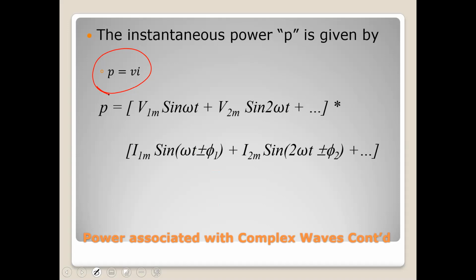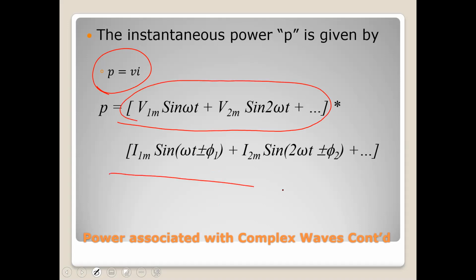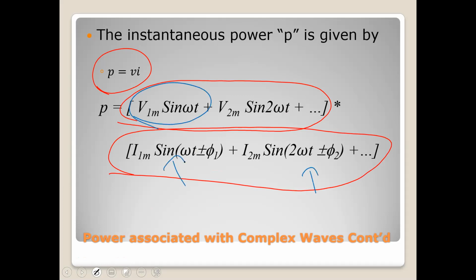Now, when we do that, we are multiplying here the voltage expression times the current expression. And of course, if we're going to expand the bracket, then we would multiply the V1m by all of the I components, and then we multiply V2m by all the I components. That's how we expand the brackets. So we'll have V1m times I1m, V1m times I2m, etc.